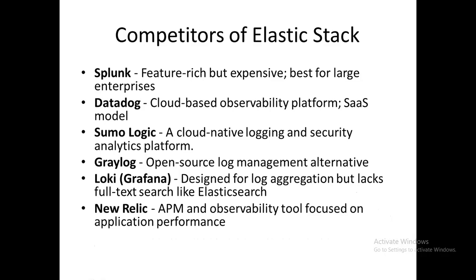Okay, then Sumo Logic, a cloud-native logging and security analytics platform. Then Graylog, an open source log management alternative, and Loki, that means in Grafana, designed for log aggregation but lacks full text search like Elasticsearch. And in last is New Relic, an APM and observability tool focused on application performance. Okay, those are the competitors of Elastic Stack.